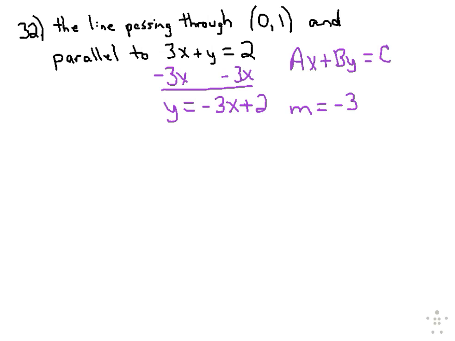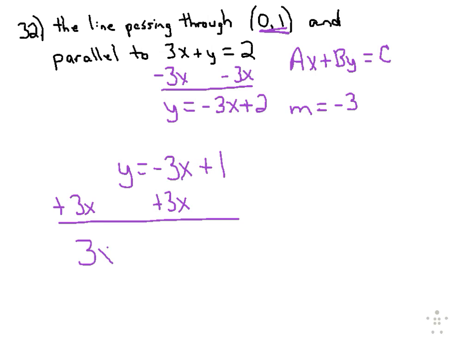So my slope is also going to be negative 3. Now, since I know that, right here I can use point-slope form, or since I can recognize immediately that I know my y-intercept, this is plus 1. Now that's slope-intercept form. I'm supposed to put it in standard form. So let's get the x's on the same side as the y. So it's 3x plus y is equal to 1. And this is in standard form.